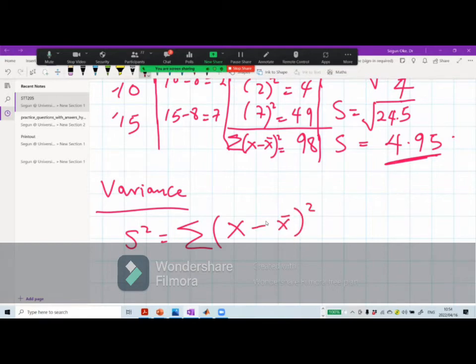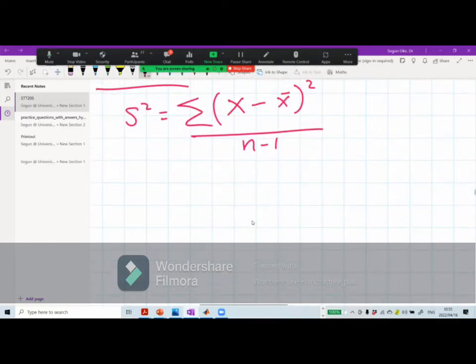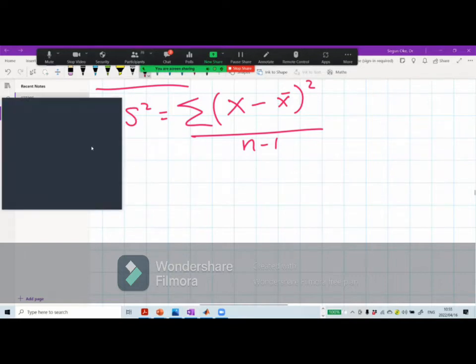Remember, we are using this formula because we are doing a sample. The question is saying sample, not population. Please take note of that.